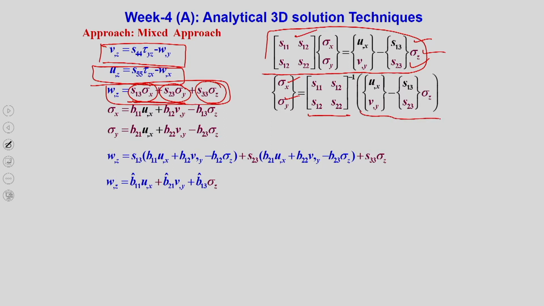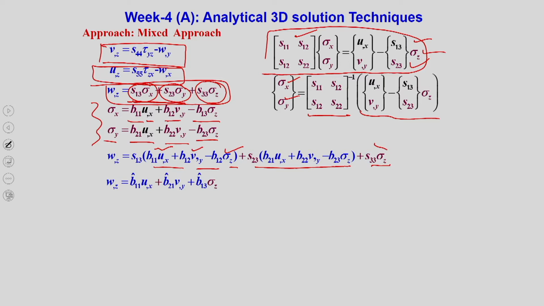So basically sigma x can be written as, let us say some constants will come up, b11 u comma x, b12 v comma y, b13 sigma z, and sigma y is b21 u comma x, b22 v comma y and b23 sigma z. Now you substitute sigma x and sigma y in terms of these. So you see u, v, w and sigma z.